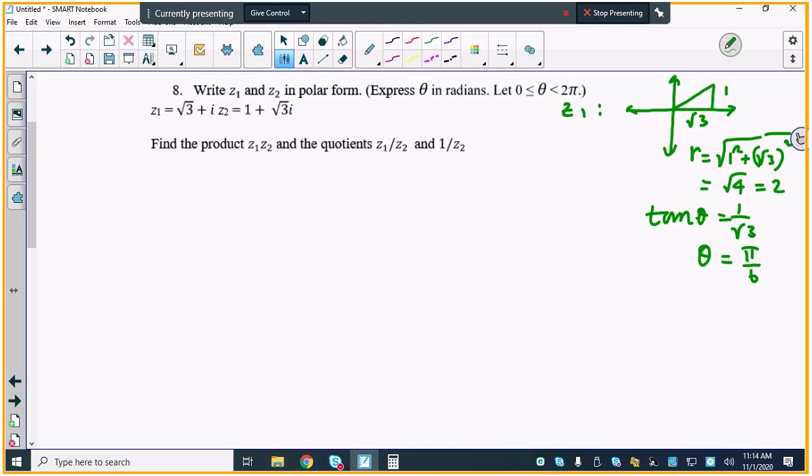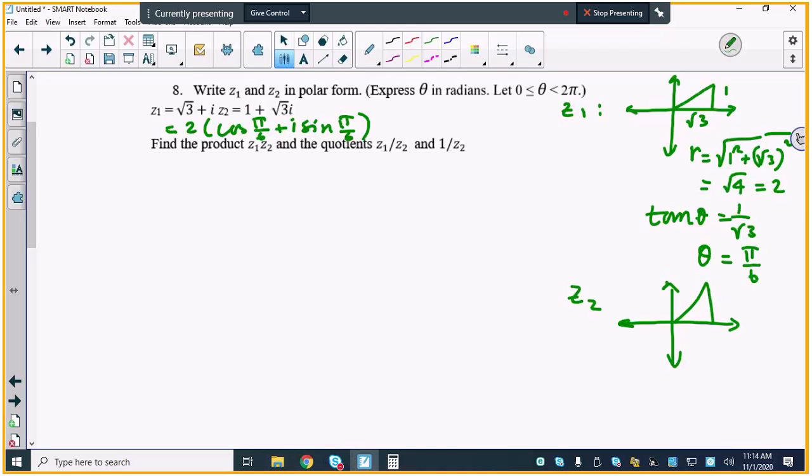So z1 is the complex number. I can write it as your radius is 2 cosine pi over 6 plus i sine pi over 6. And then I have z2. Similarly, that's also going to be in the first quadrant. This time, the only change is in the theta. Remember, your x and y are still 1 and square root of 3.